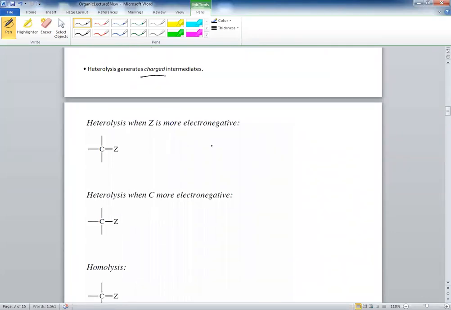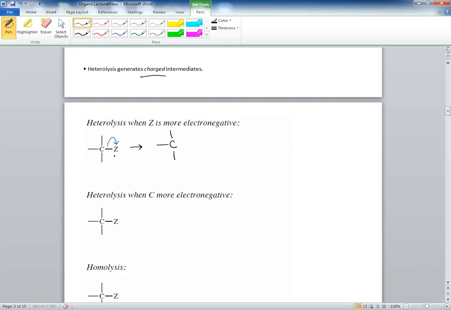All right, so let's talk about heterolytic bond cleavage when Z is more electronegative. So when Z is more electronegative, and this is really important that you remember, it means that the arrow is going to go toward it, right there. And in this case, let's draw what it would leave behind.